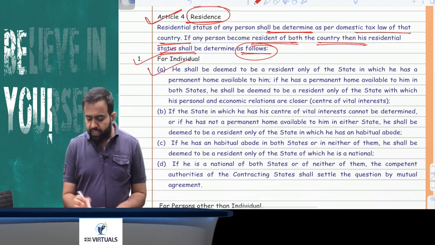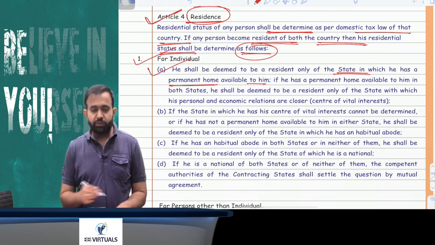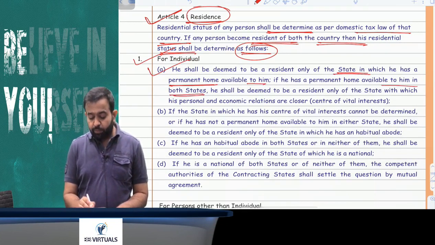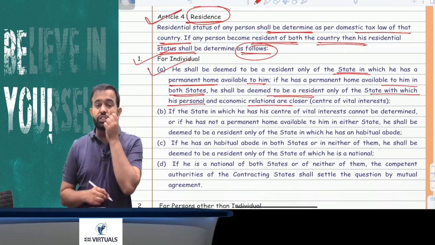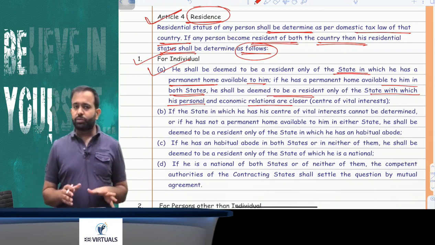He shall be deemed to be resident only of the state in which he has a permanent home available to him. And if he has a permanent home available to him in both the states, he shall be deemed to be resident only of the state with which his personal and economic relationships are closer.